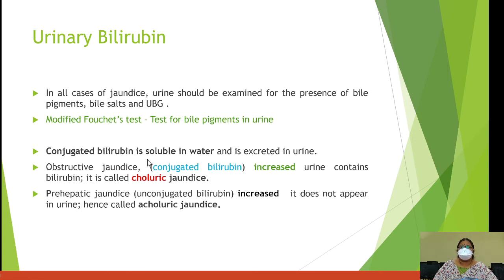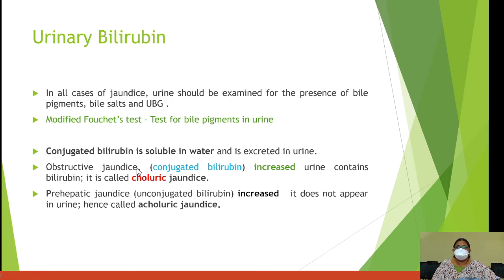So, conjugated bilirubin is soluble in water, so it is excreted in urine. In obstructive jaundice, the conjugated bilirubin fraction is increased and urine contains bilirubin, so it is called choluric jaundice. It's a previous term, choluric jaundice, that indicates the presence of bilirubin in urine.